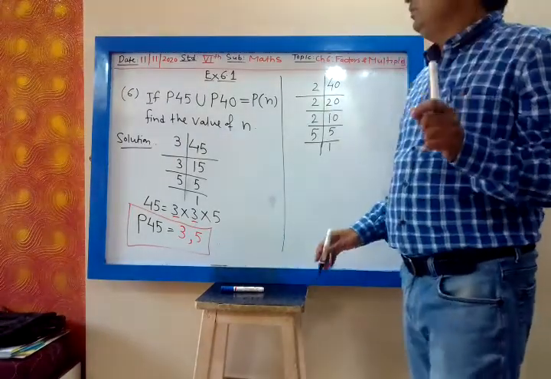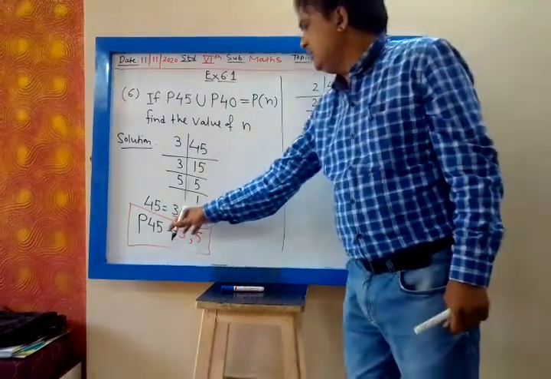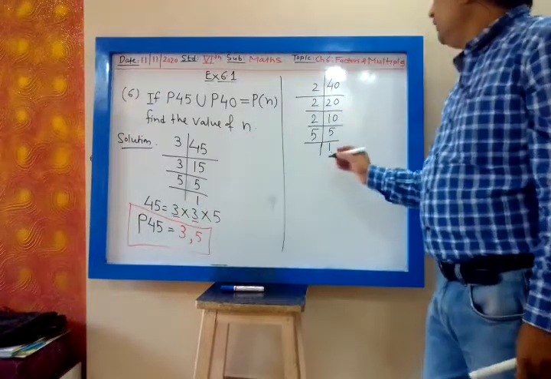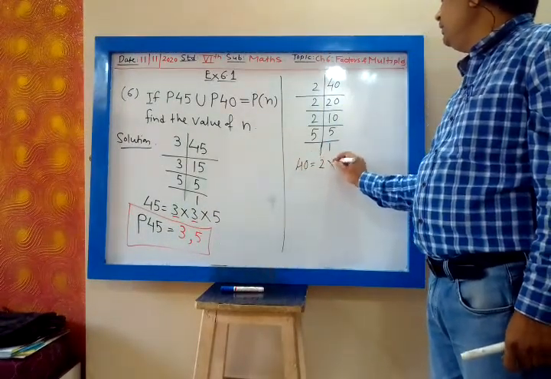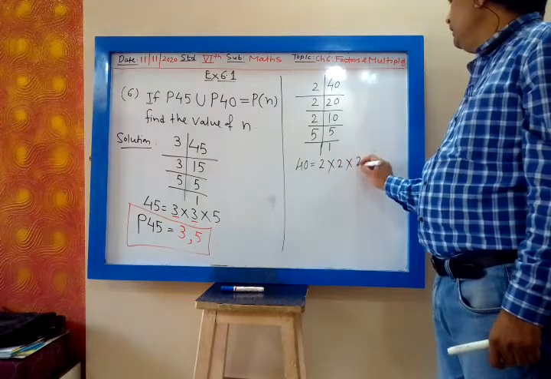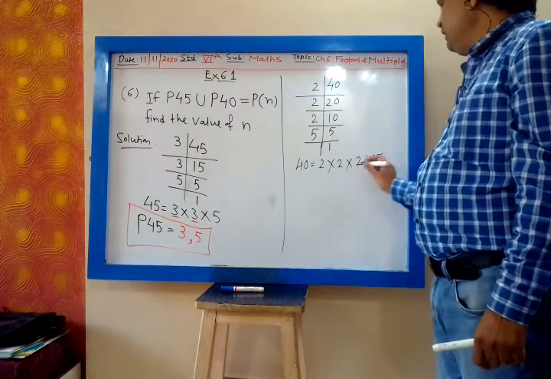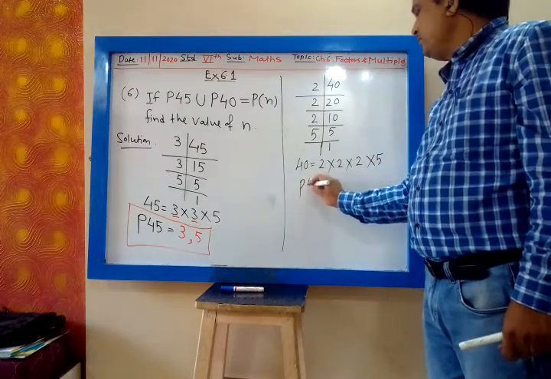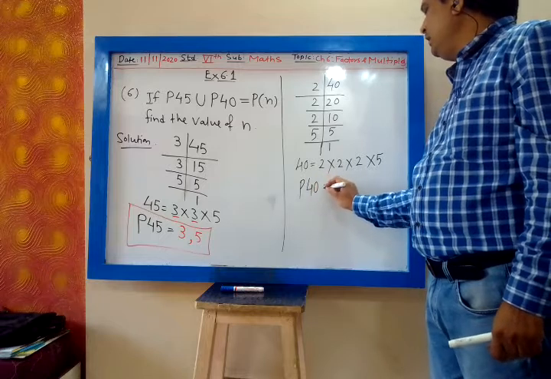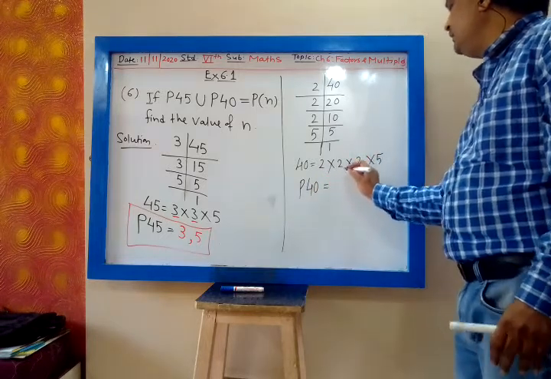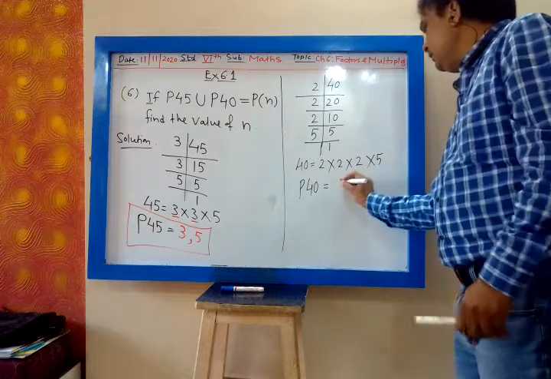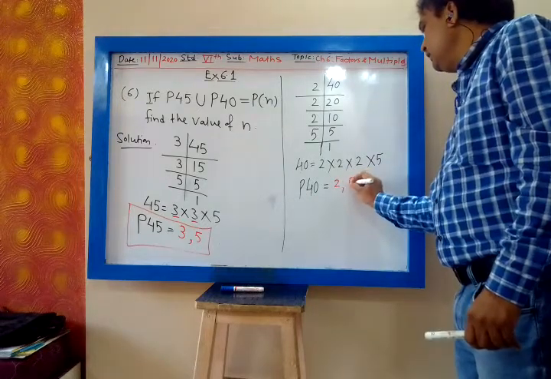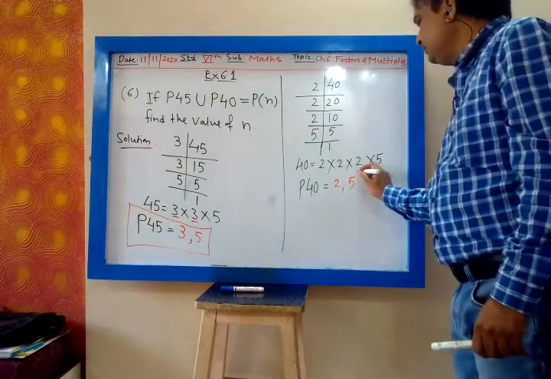So 40 we write as 2 into 2 into 2 into 5. But when we write P40, 2 has come thrice, but we write only once. 2 and 5.